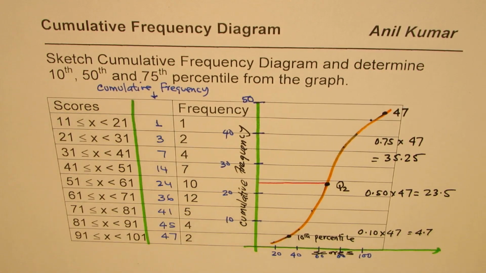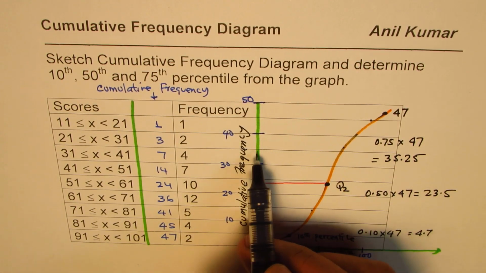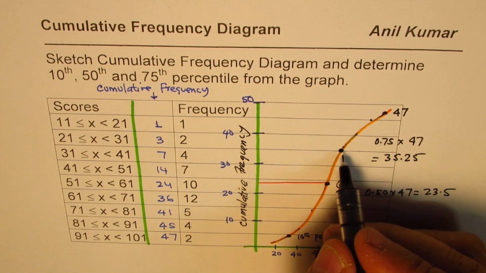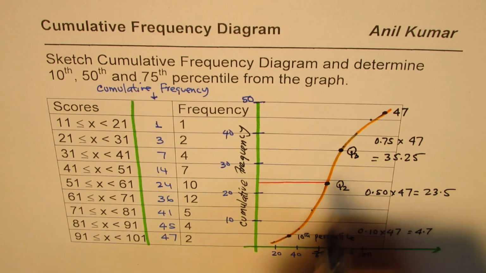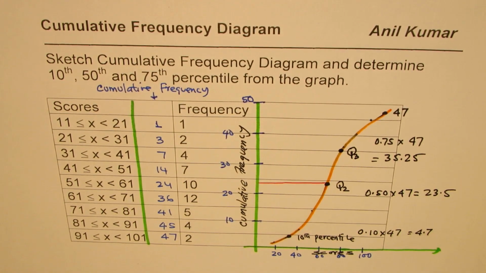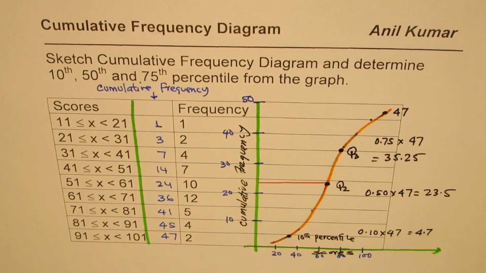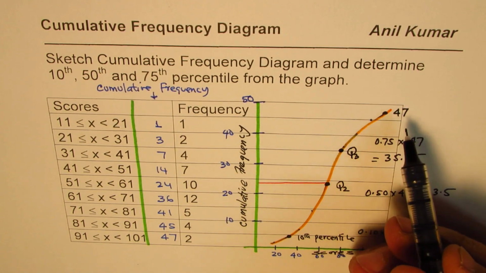So 35.25 is the exact value on the graph. We know 35 is here, so it's here. Is that okay? So that gives you, in terms of quartile, third quartile, 75th percentile. Do you get an idea? So likewise, we can actually find the median, the quartiles, and the percentiles from a cumulative graph.